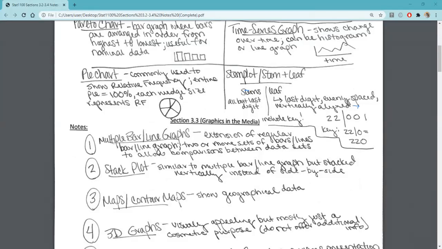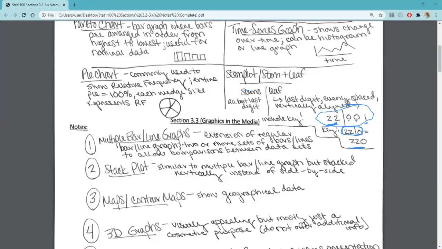So for example, if we're looking at this stem and leaf plot here, we can see that we have a stem of 22 and then 3 leaves, a leaf of 0, another leaf of 0, and a leaf of 1. Our key tells us that if we have this stem and this leaf, that's going to equal the number 220.